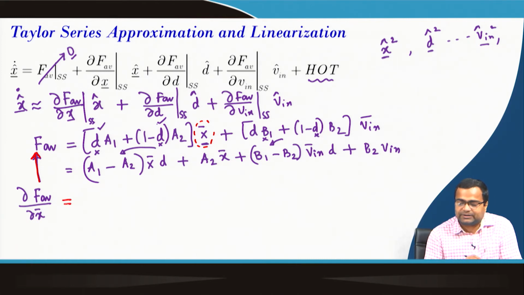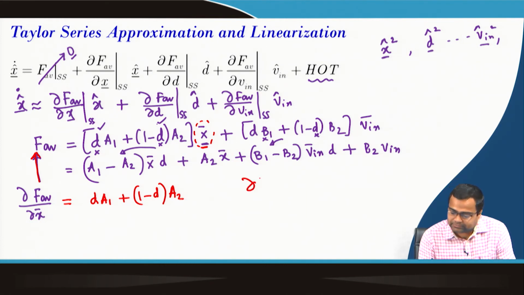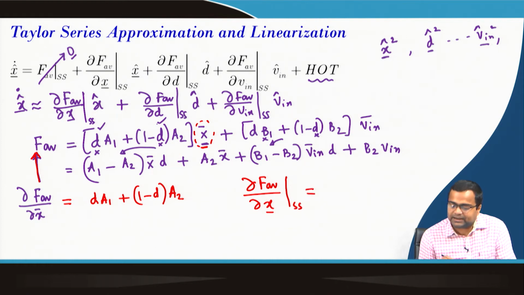We are partially differentiating, so it will end up with dou A 1 plus 1 minus d into A 2, because we are differentiating with respect to this quantity. That means, if we want to write dou f average by dou x at steady state, then we will simply replace this duty ratio by its steady state value.